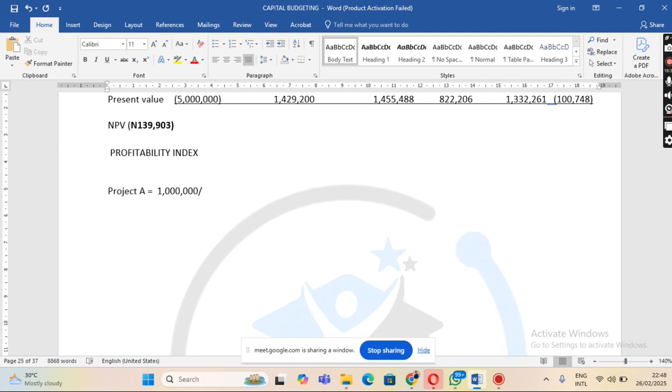Divided by the initial outlay, 2.5 million. So that is 0.4. Then project B.